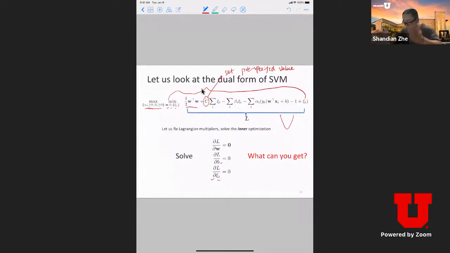Okay. Because we're trying to simplify this max-min optimization problem, how can we do that? Let us just fix the outer level, so we fix all the Lagrange multipliers here. We just try to solve the minimization problem given alpha_i and beta_i. And then we'll just take the gradient and set it to 0.